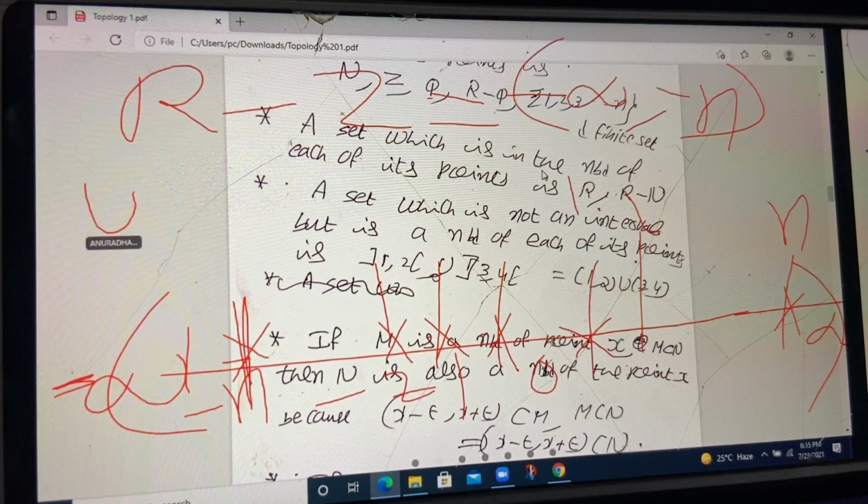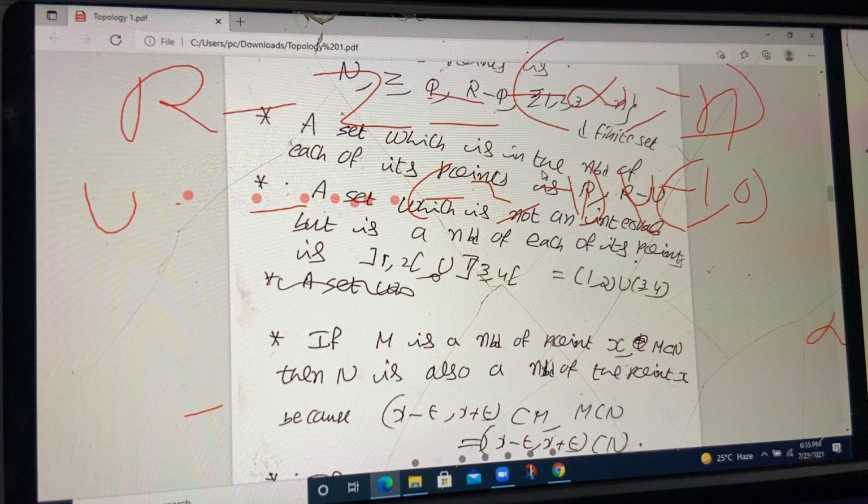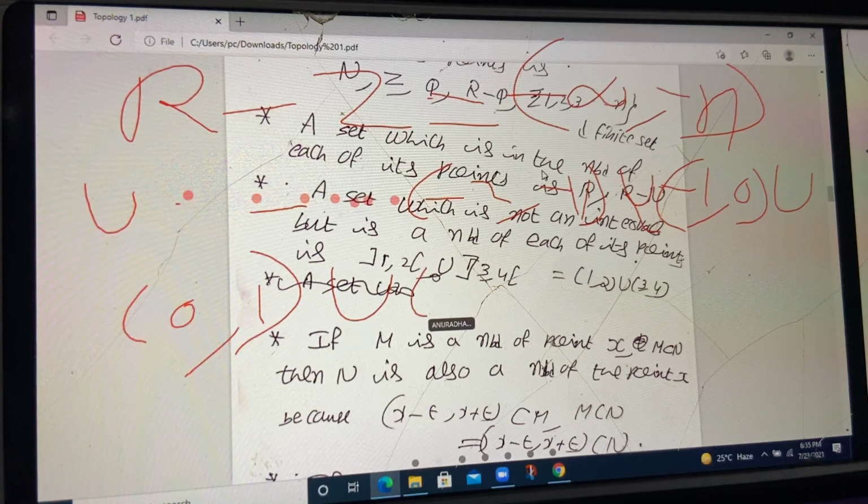union, and so on, minus 2 to minus 1, union minus 1 to 0, union 0 to 1, union 1 to 2, and so on, up to n to infinity.